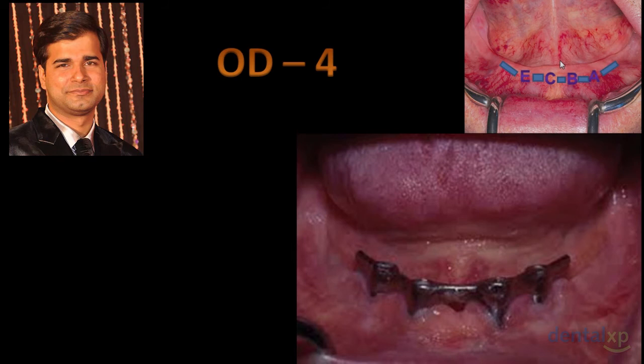In the 4th mandibular treatment option, the 4 implants are placed in the A, B, C and E position. These implants provide enough support so that the superstructure may be cantilevered from the distal implant approximately 10 mm on each side.